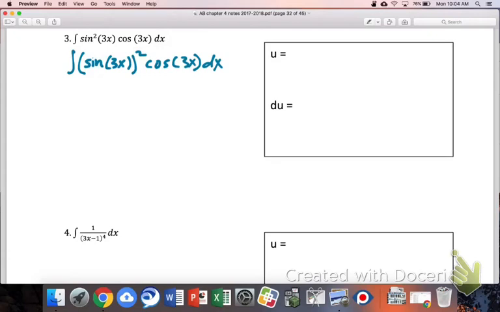And as a matter of fact, isn't it an inside function in two different spots? Right? It's cosine of 3x, and then it's sine of 3x. And if you were to say, hey, let's make the u 3x, it would eventually work. But there's an easier way. Because isn't there another inside function? What is it? Sine. Yeah, exactly.